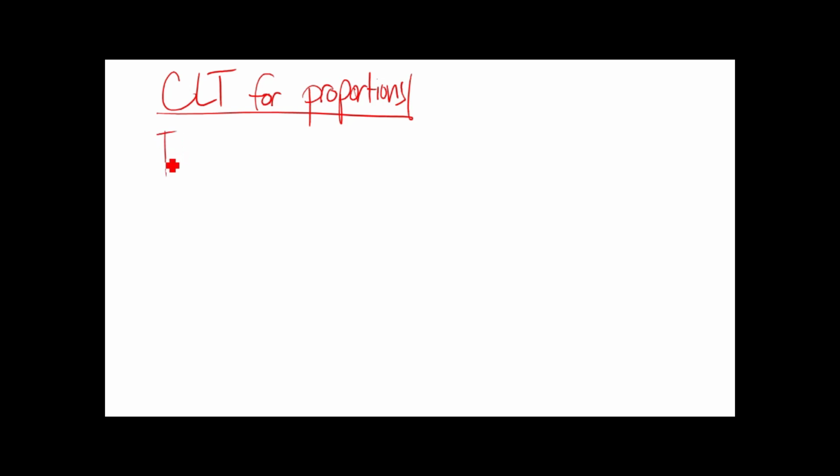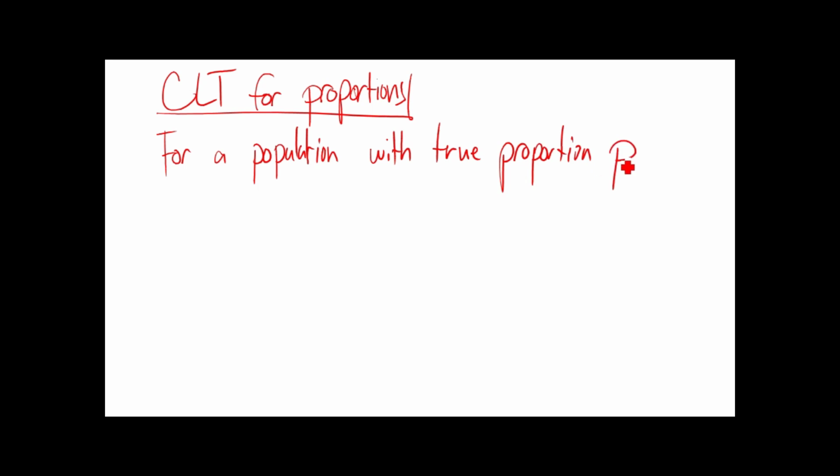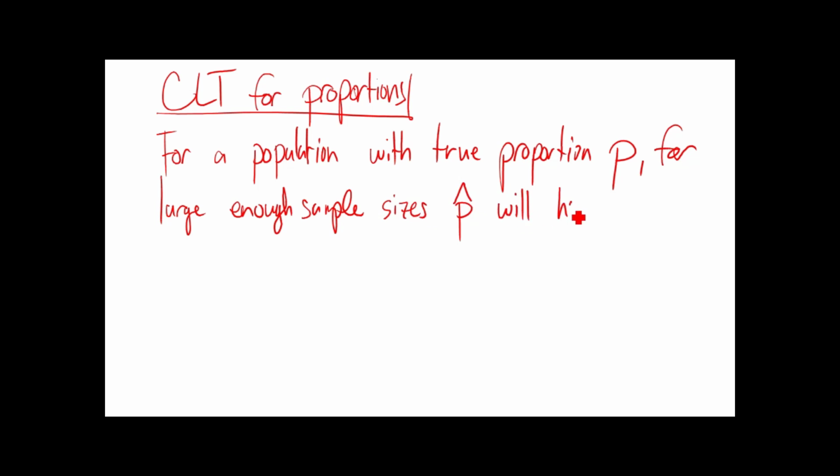For a population with a true proportion P, for a large enough sample size, so this is kind of like last time, it relies on taking a big enough sample, then the sample proportion P hat will have an approximately normal distribution.